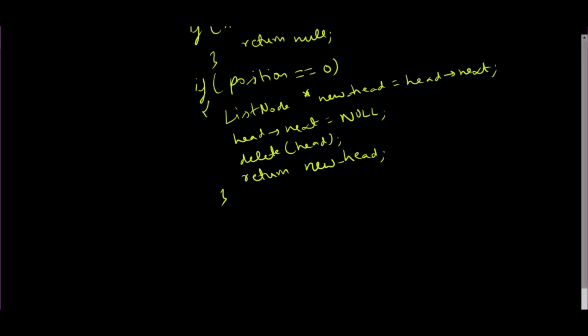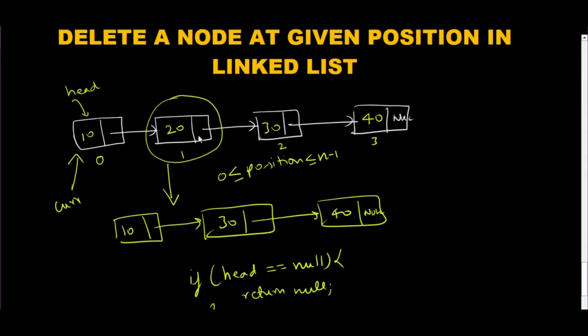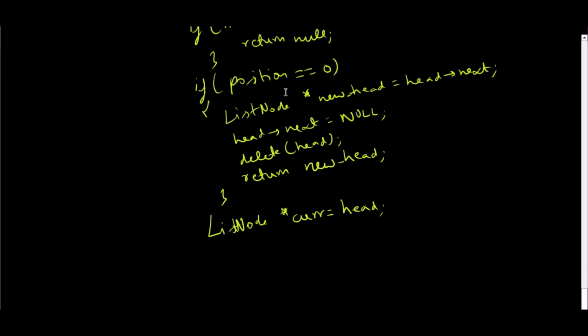Okay, so our list node will start from current. So initially it will be head, then now we need to move this current. So this current we need to move one position behind the given position. Okay, so we will write a for loop for this.